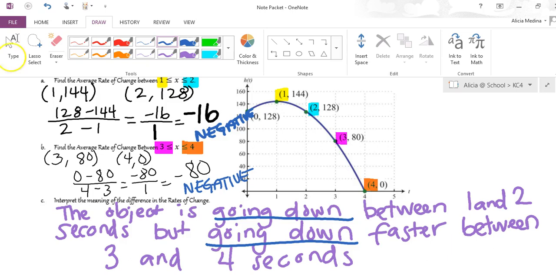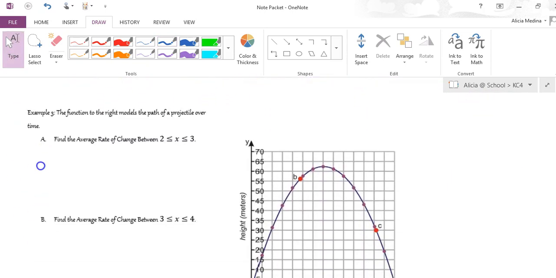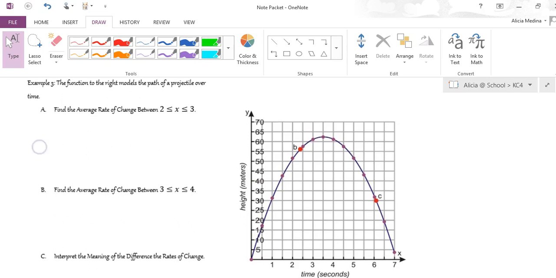All right, let's go ahead and look at the next example. Maybe we can do these a little bit quicker. If I have the average rate of change between 2 and 3, our two points would be when x equals 2, my y value is right here, around 52.